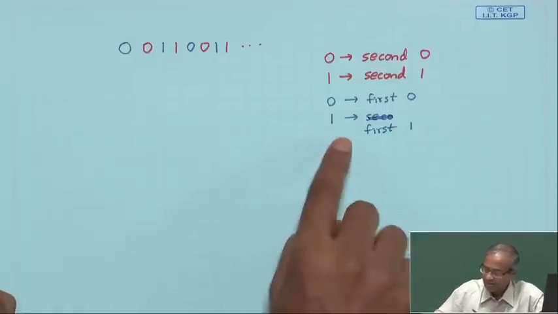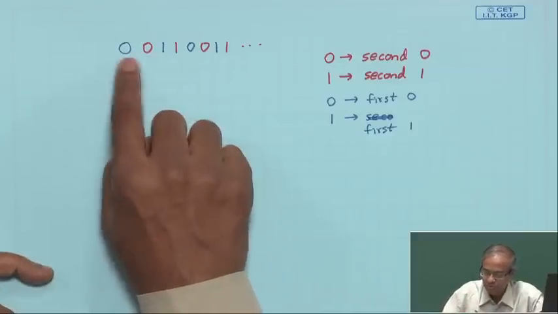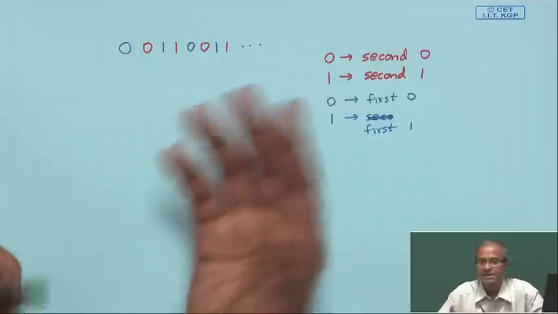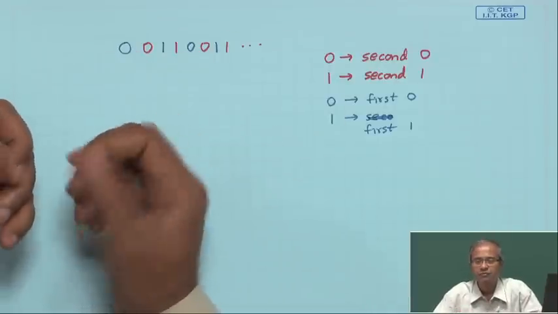So, I can distinguish between the 2 zeros and 2 ones with respect to whether they are the first 0 or first 1. I can keep track of that. When I am doing the numbering, I can always keep track of whether the number 0 that I am using is the first 0 or the second 0 in the sequence. If I remember that, then I can distinguish between the 2.